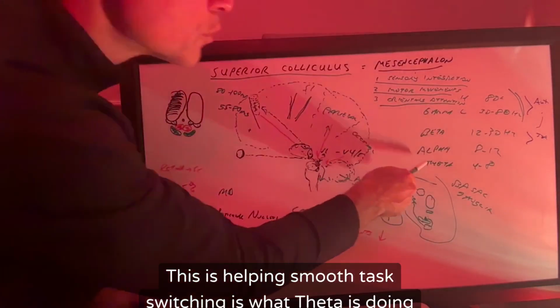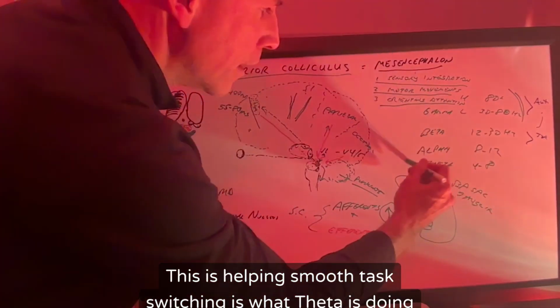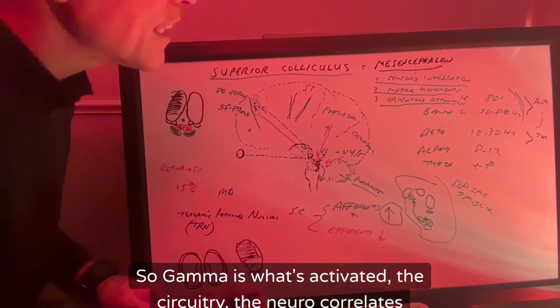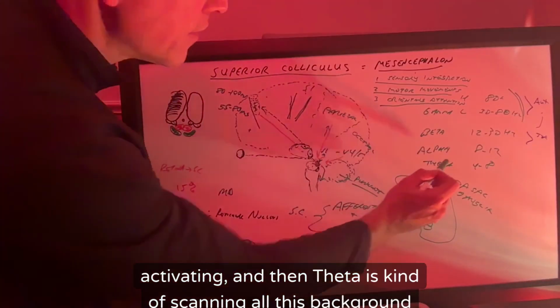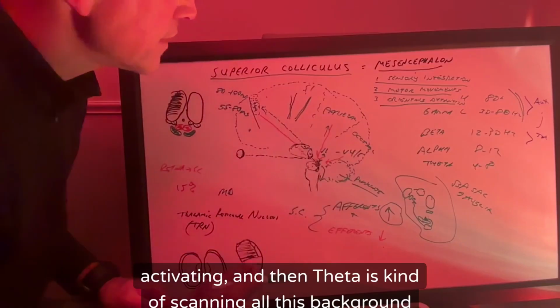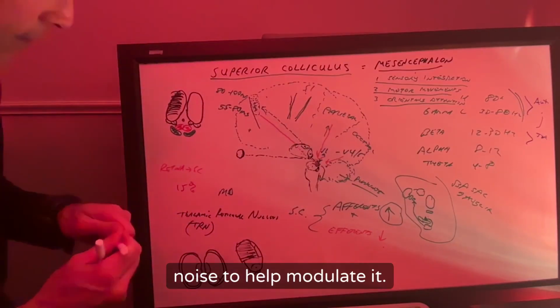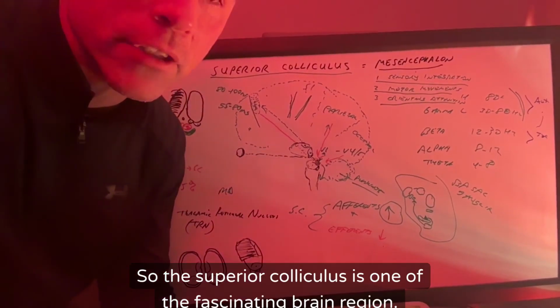This is helping smooth task switching, is what theta is doing with this background theta. So gamma is what's activated, the circuitry, the neural correlates activating, and then theta is kind of scanning all this background noise to help modulate it. So the superior colliculus is one of a fascinating brain region.